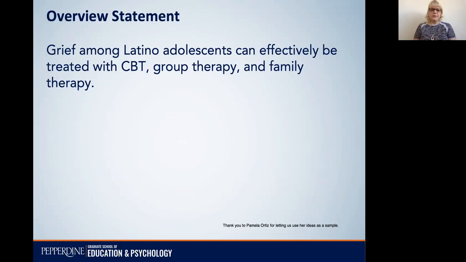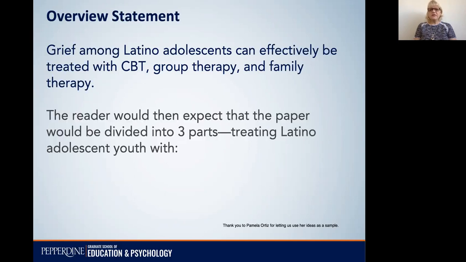So here's an example. Grief among Latino adolescents can effectively be treated with CBT, group therapy, and family therapy. And then the reader would expect that the paper would be divided into 3 parts.